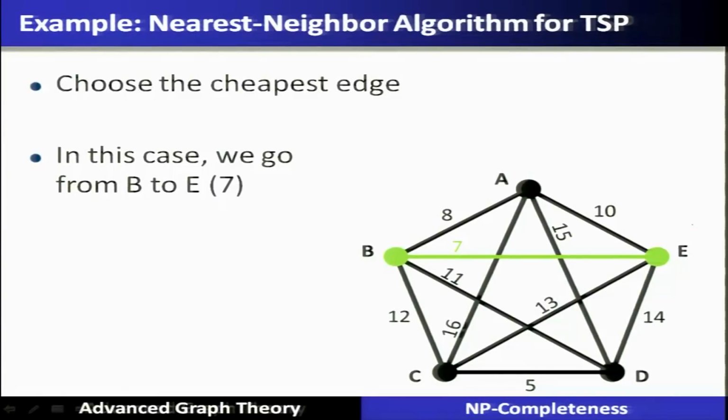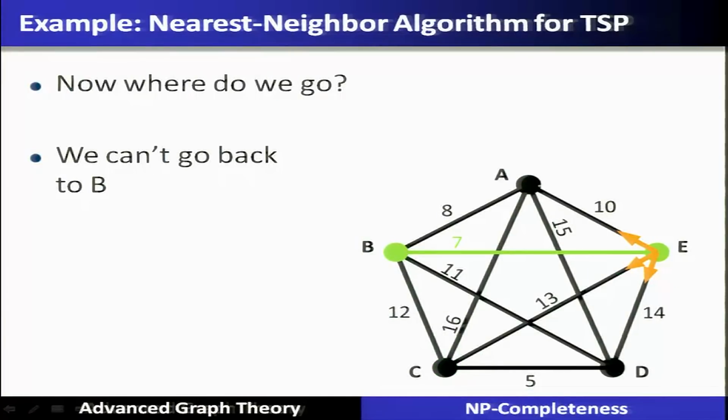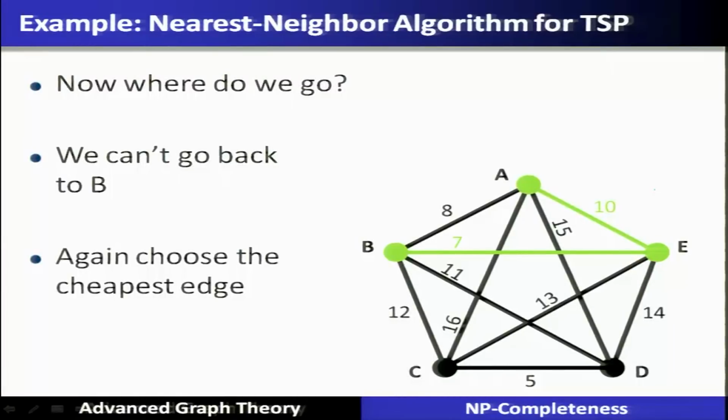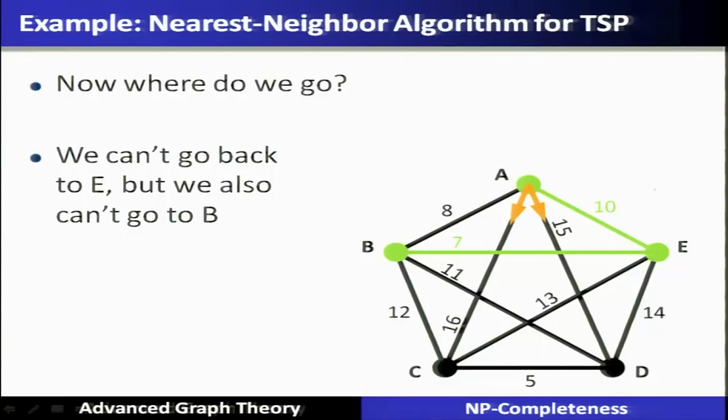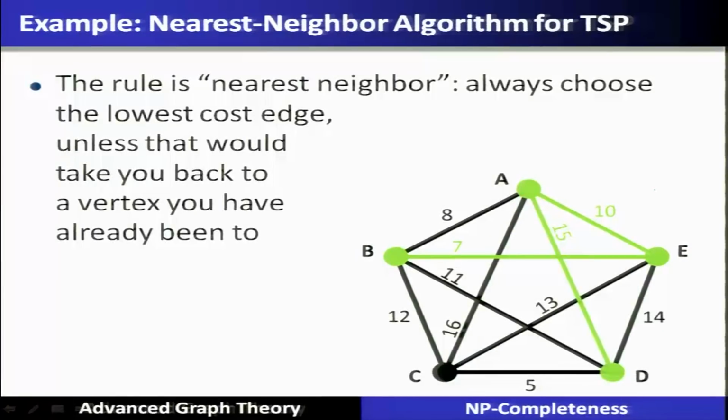Now after reaching E, we have the possibilities. We can go to A, we can go to C, we can go to D. Among them, this one is the minimum or least cost. That means from E we can go to A with the minimum cost of 10. Now after reaching A, we can choose between C and D. So we will choose D. Why?